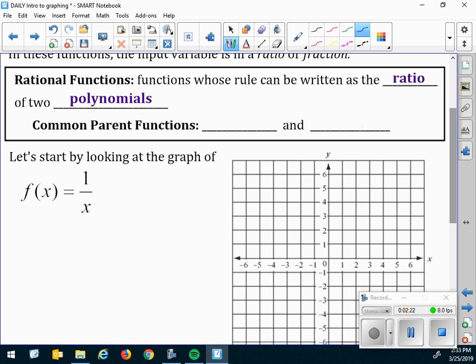Those are all polynomials. The parent functions that you're going to learn are 1 over x and 1 over x squared. Those are the 2 you're going to learn. Today we're going to learn 1 over x.